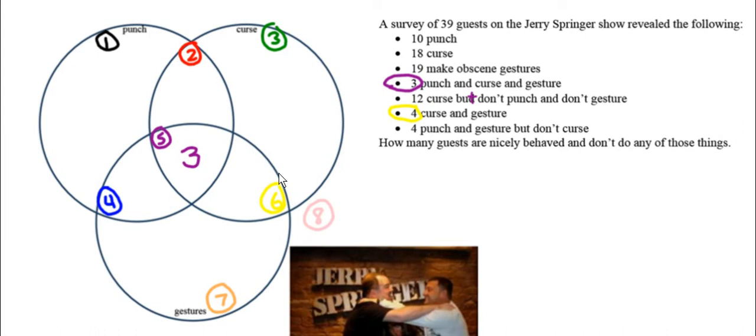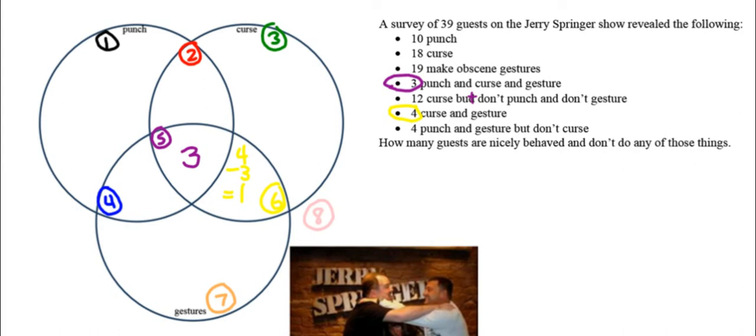Curse and gesture is all of this section right there. It's the complete overlap between cursing and gesture. So all of that has to equal 4. So if there's already a 3 here, then this has to be 4 minus 3, which is 1.